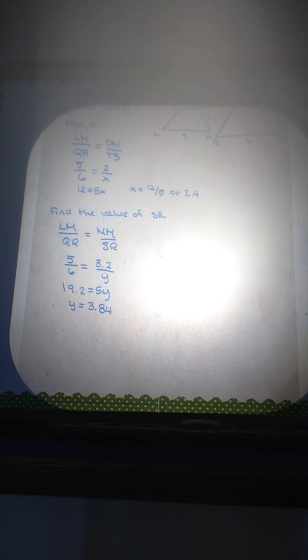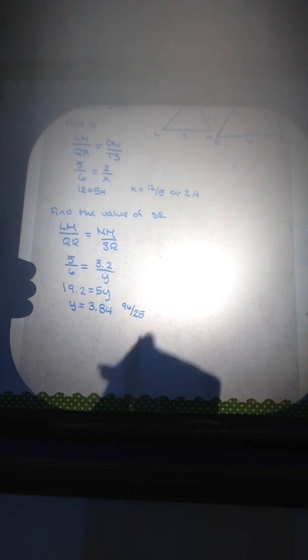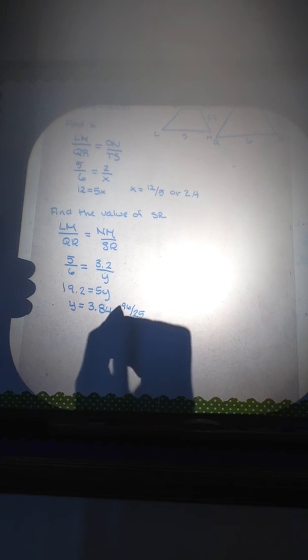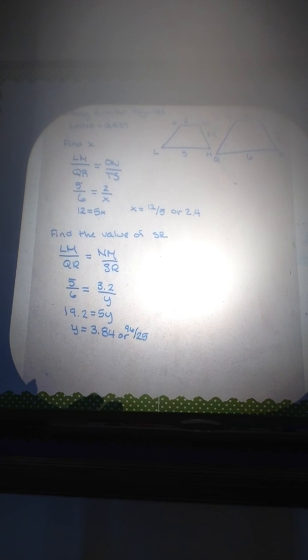Okay, and 3.84 is a fine answer. It doesn't reduce to a very nice fraction. If you did a fraction, it would be 96 over 25. So either of those are acceptable answers. The decimal is probably easier, but you can write it either way.